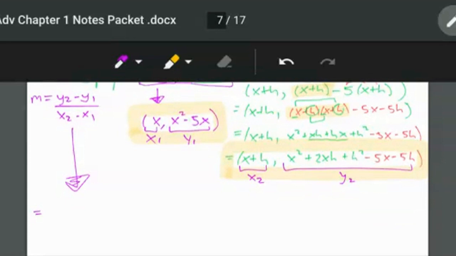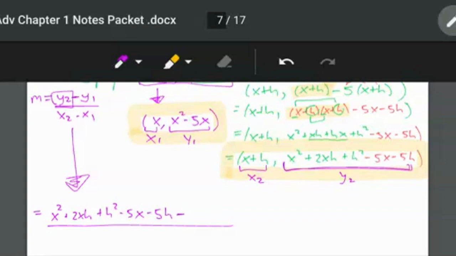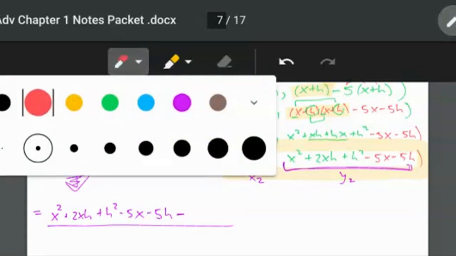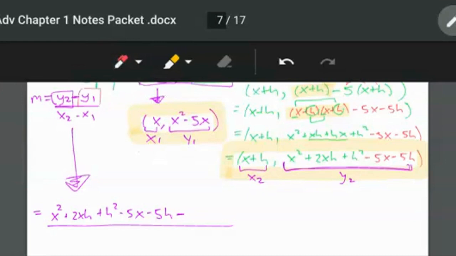All right, and we're going to start. First thing, we're going to plug in our y2. So all of this right here, that x squared plus 2xh plus h squared minus 5x minus 5h. Then we need our minus sign, which is in the formula. And now we need to subtract our y1. So our y1 is all of this right here.